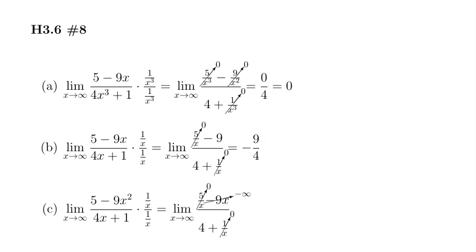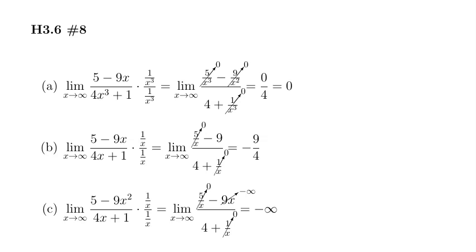Maybe I'm going to fix that a little bit here. All right. So we know that that term, negative 9x, is going to negative infinity. So what you have is a negative infinity on top divided by 4, which is still negative infinity. So this is equal to negative infinity.